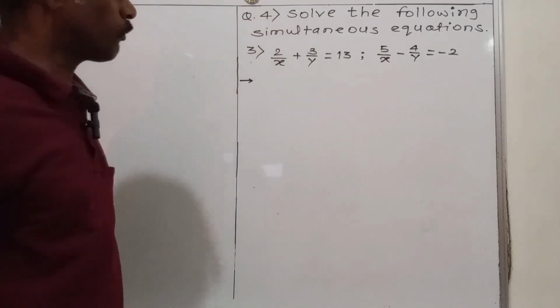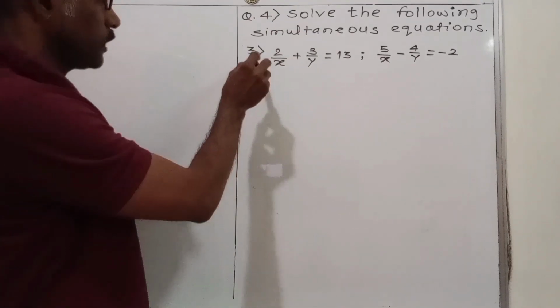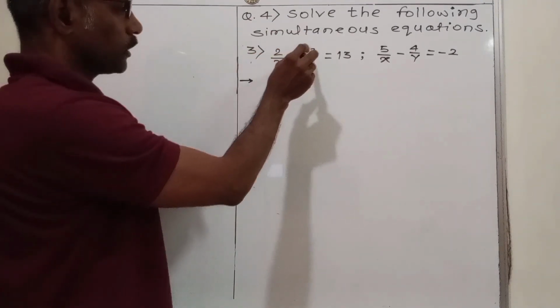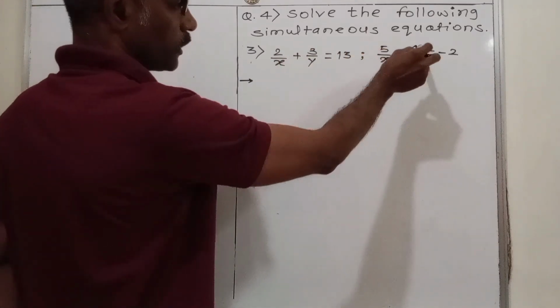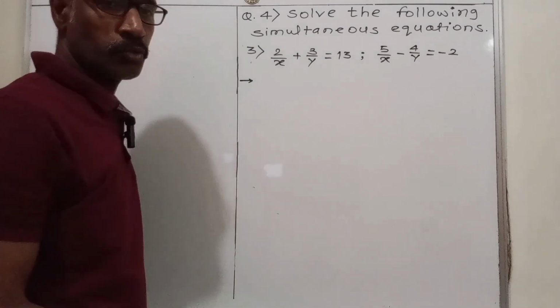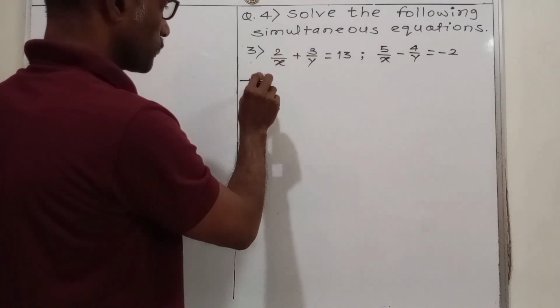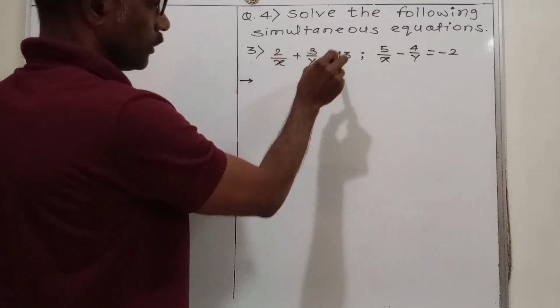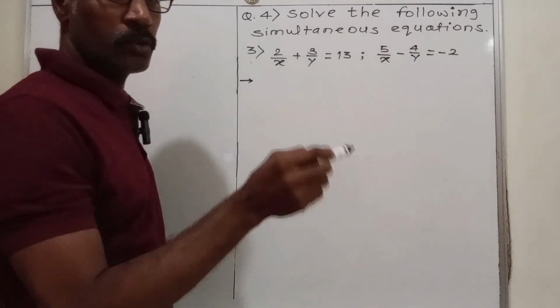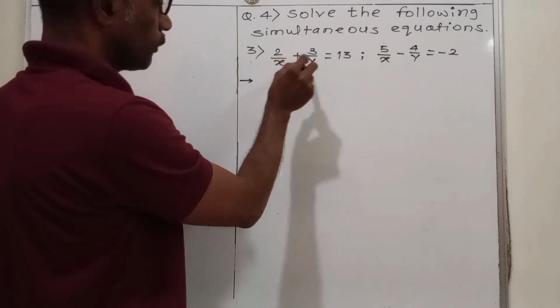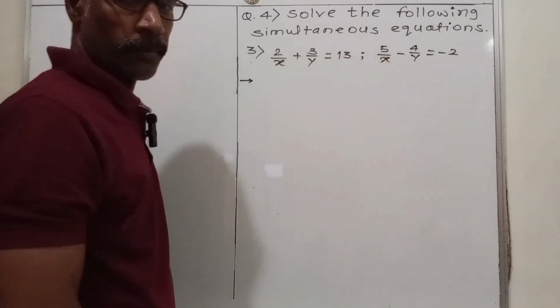Question number 4. Solve the following simultaneous equations. Example number 3. 2 upon x plus 3 upon y is equal to 13, and 5 upon x minus 4 upon y is equal to minus 2. Now we take this here. In these two linear equations in two variables, here the denominators are x and y.